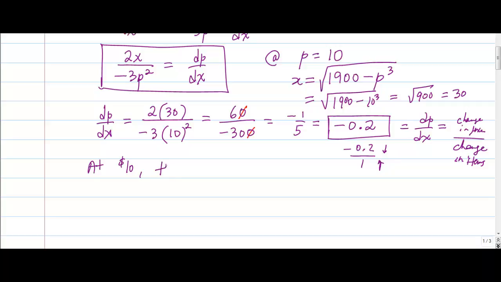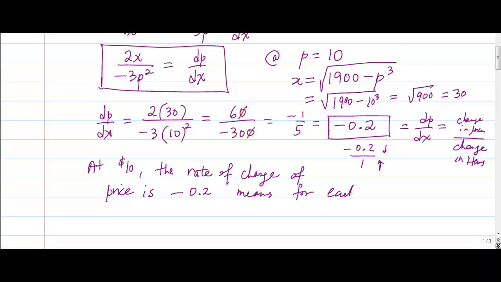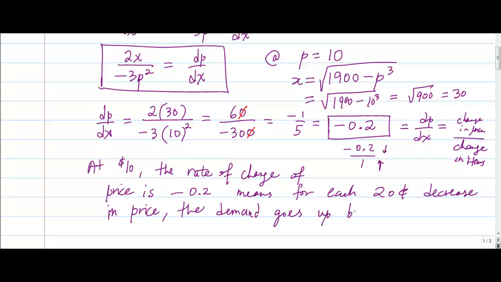So at $10, the rate of change, remember the derivative is rate of change, the rate of change of price is negative 0.2, which means that for each 20-cent decrease in price, the demand goes up by 1 unit or 1 item, whatever you're selling or producing. Okay?